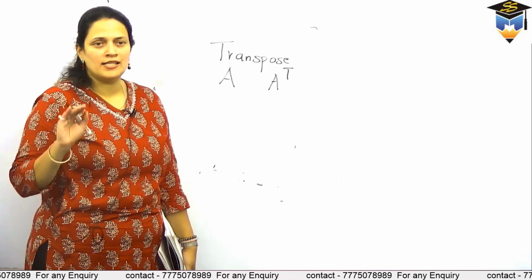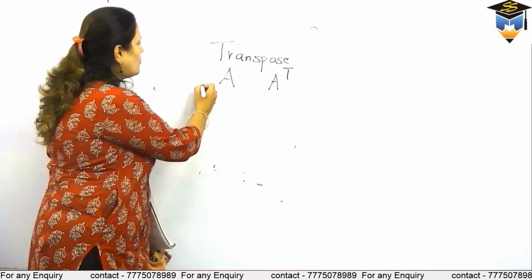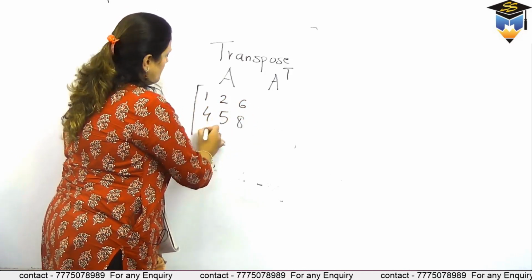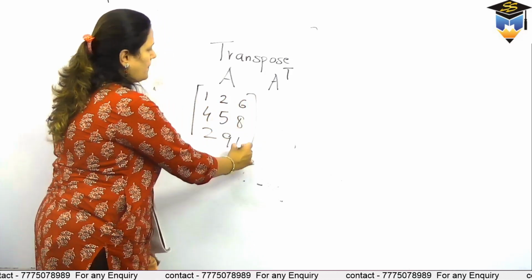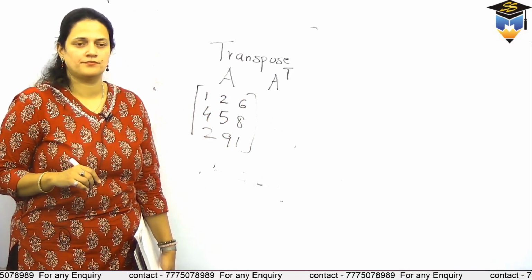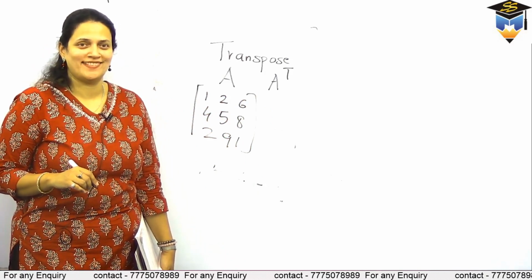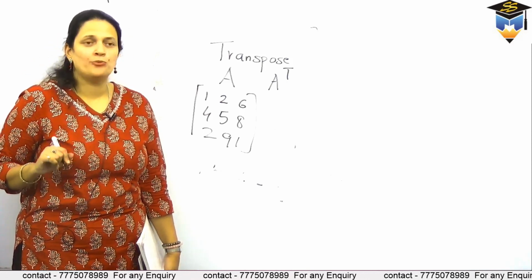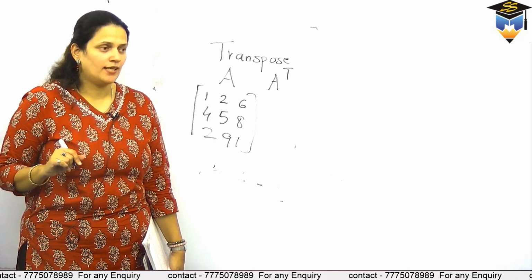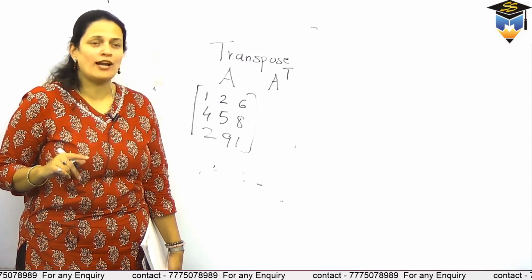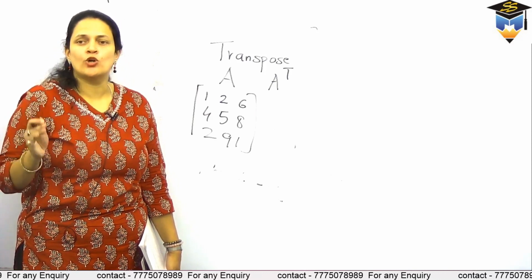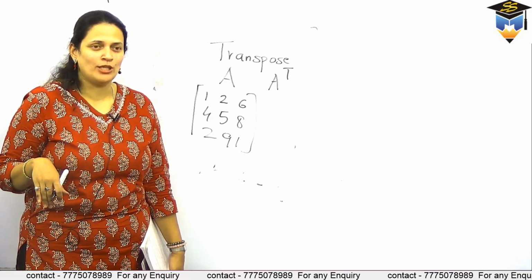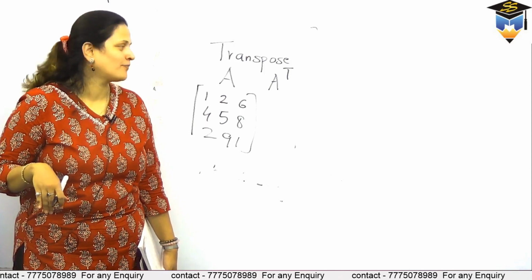So now suppose the matrix A is given to us. What is the concept? Can anybody tell me? I just read it out to you. When we say transpose, the meaning is that you have to interchange the rows and columns. How will you interchange them? Very easy.